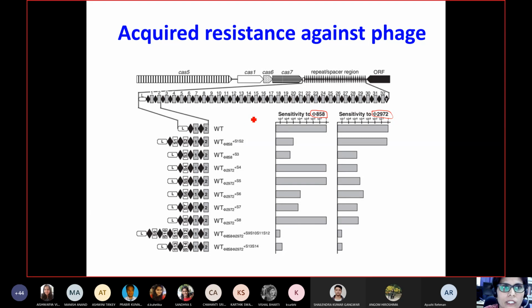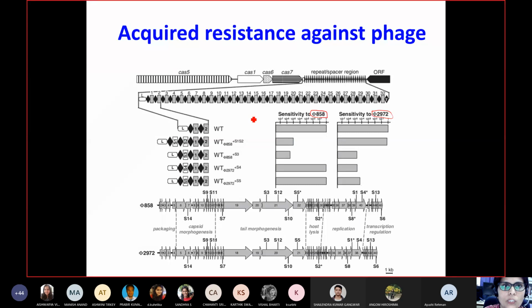They noticed that the CRISPR system was capturing novel sequences that match the genome of the bacteriophage. For example, when it acquired S1 from bacteriophage 858 and S2 from 858, it became resistant only to bacteriophage 858. So this is the wild type, it is not resistant, this is value 1.